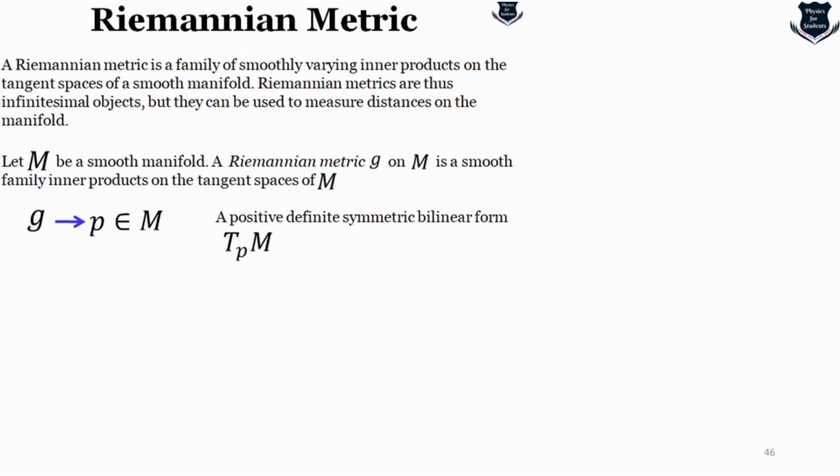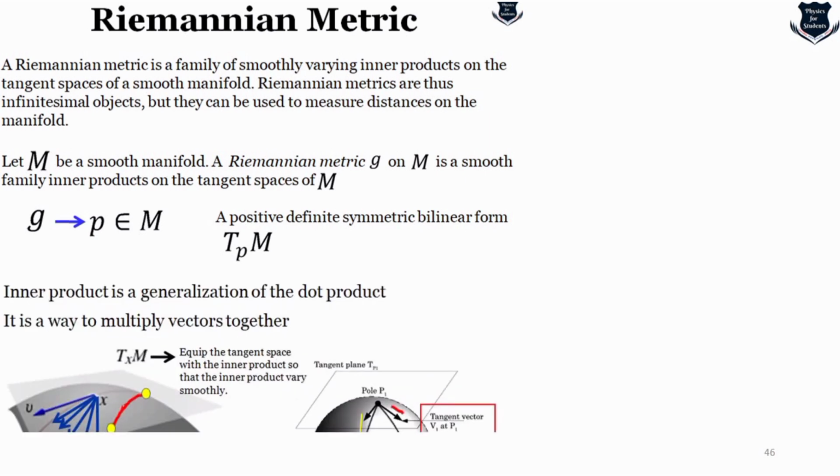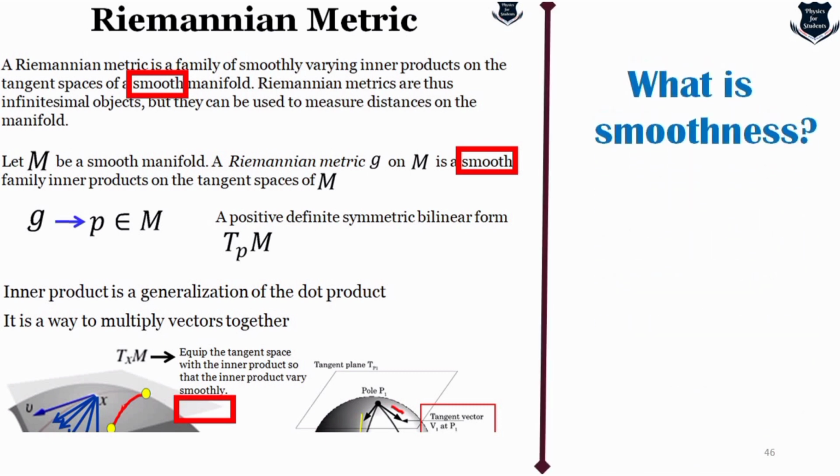Okay, so now the concept is that you see in the definition of Riemannian metric as well as the inner product, we have always seen something which we call smooth and smooth manifold, all those things, right? So what do we mean actually by smooth? What is smoothness in mathematics?